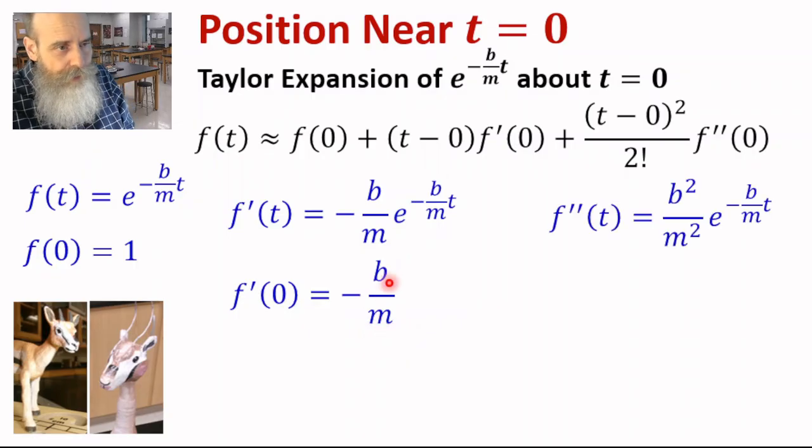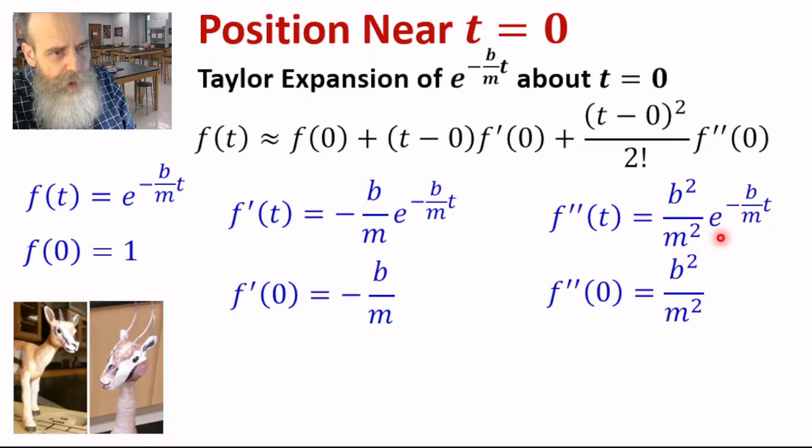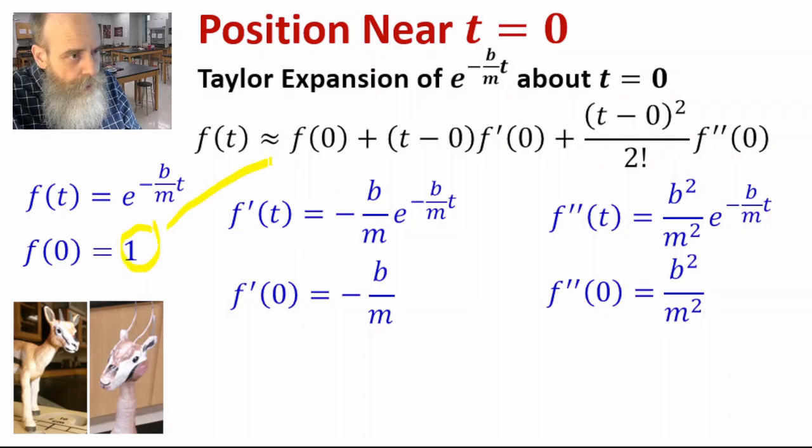Second derivative. When we differentiate again, we get another factor of negative b over m coming in front. So we have b squared over m squared times e to the negative b over m t. When t equals 0, this becomes e to the 0, which is 1. So f double prime at 0 is b squared over m squared. So now, let's put these things into our expression. So 1 goes here.